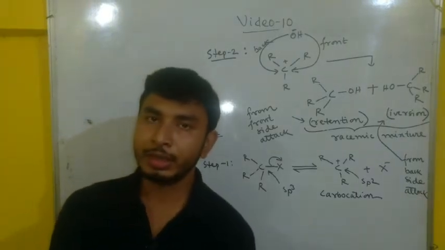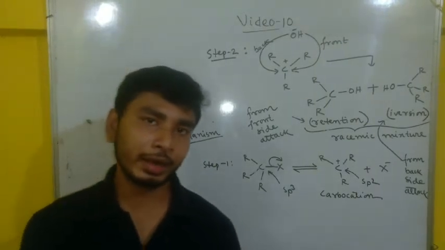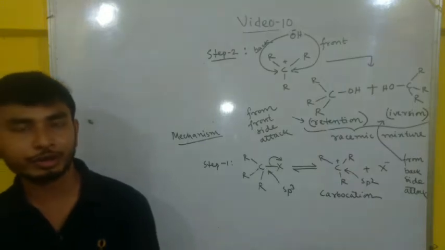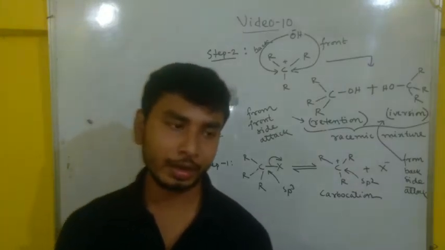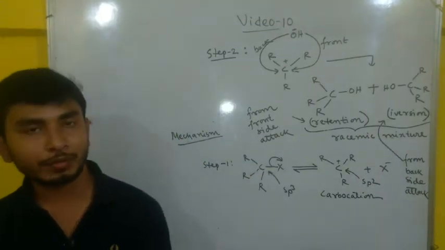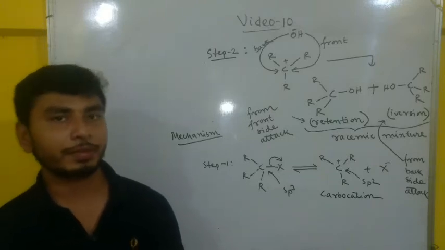SN1 reaction means this reaction is shown by 3-degree alkyl halide. In SN1 reaction, the rate of reaction depends upon the concentration of alkyl halide but not upon the concentration of the nucleophile. Next point is that it is a two-step reaction.